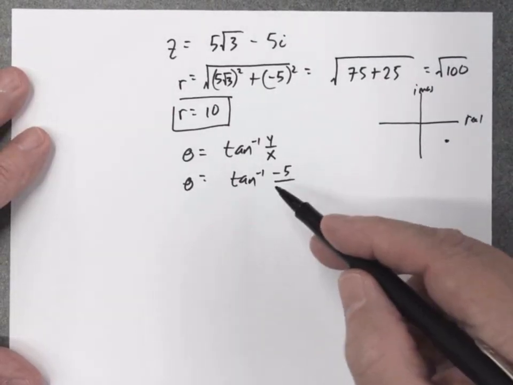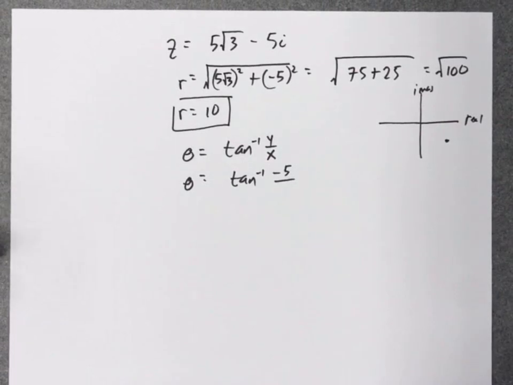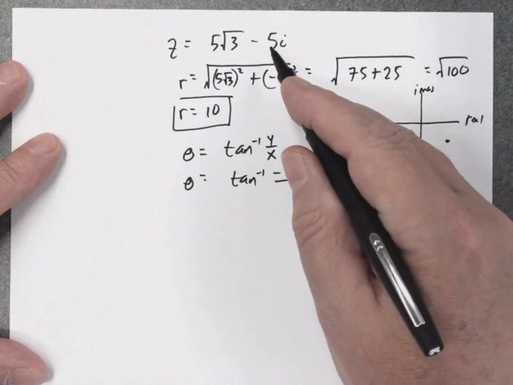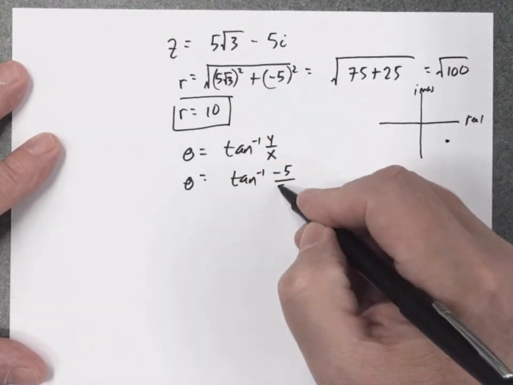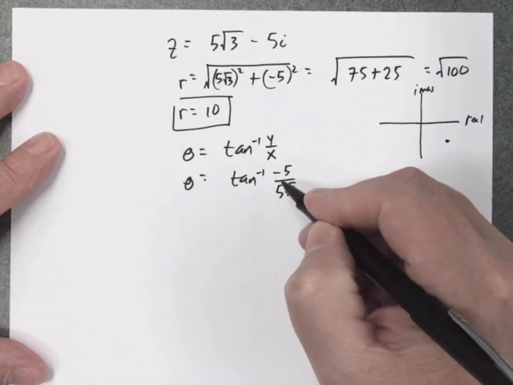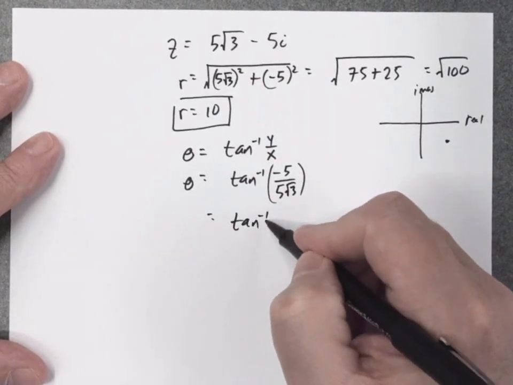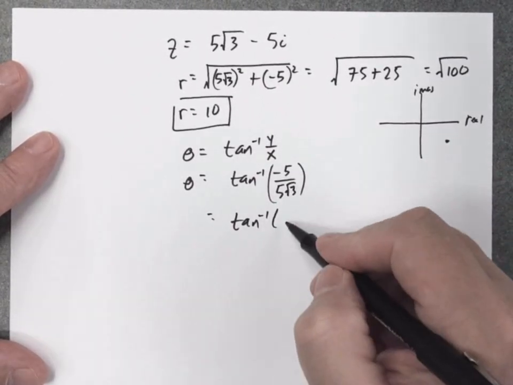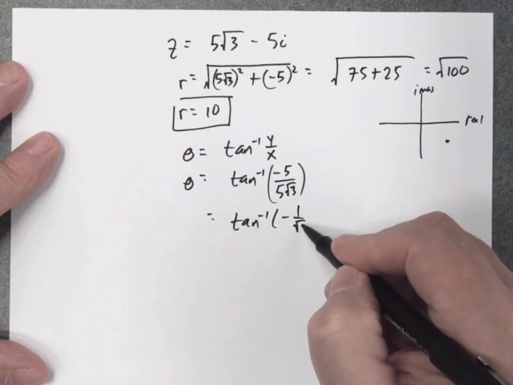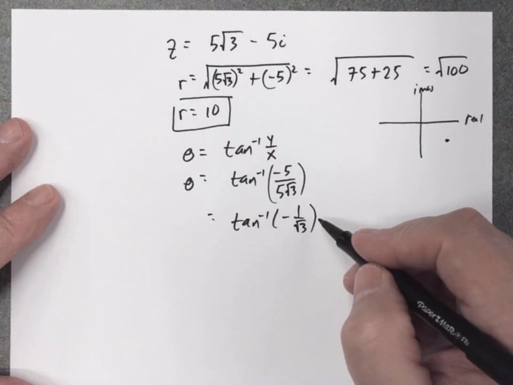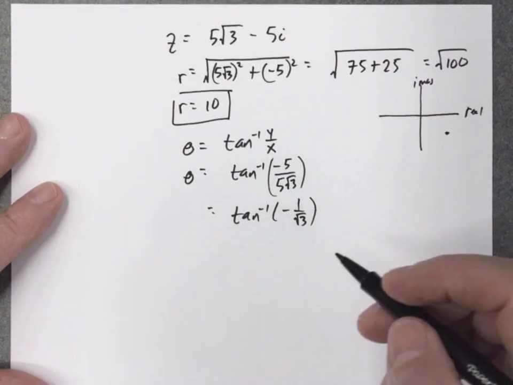That becomes important when I'm trying to find my angle. So y is -5, x is 5 square root of 3. So the 5's cancel. It's really -1 over square root of 3. Now we've done this before. Let's go ahead and do what we did a minute ago.